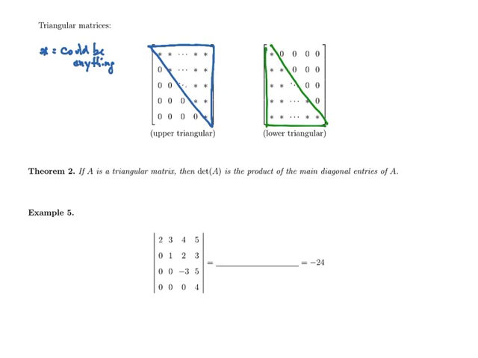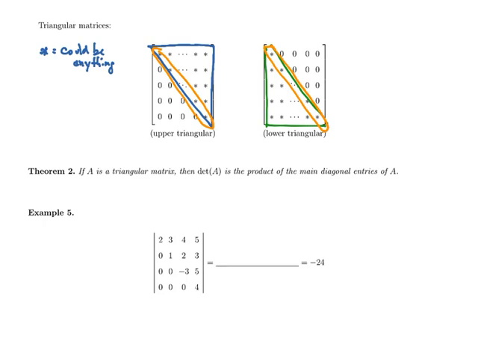If we have this form, this triangular matrix, the determinant of A is just the product of the main diagonal entries of A. The main diagonal entries being the ones here, noting that if we're thinking about determinant, we need to have a square matrix, so there will be just one big main diagonal.